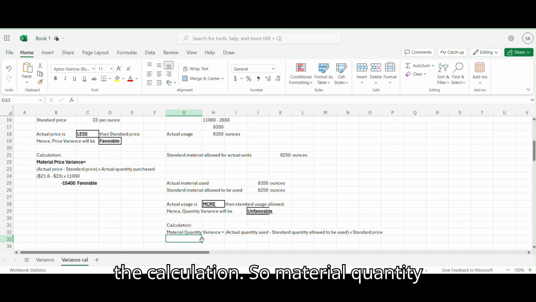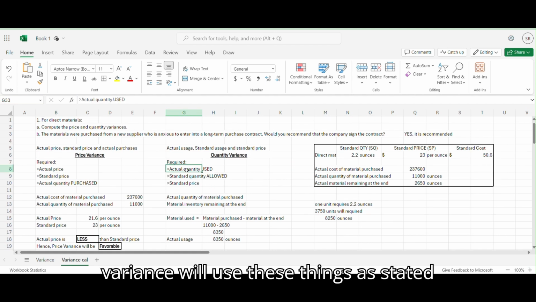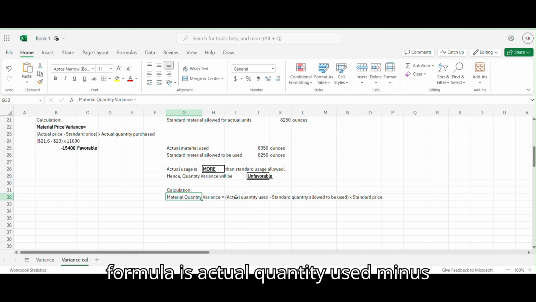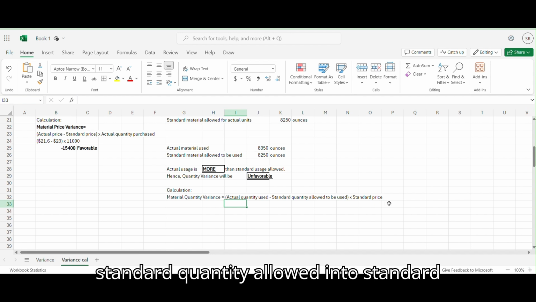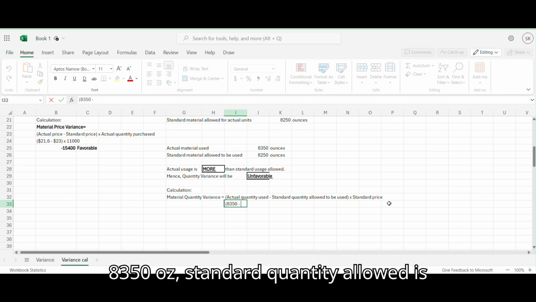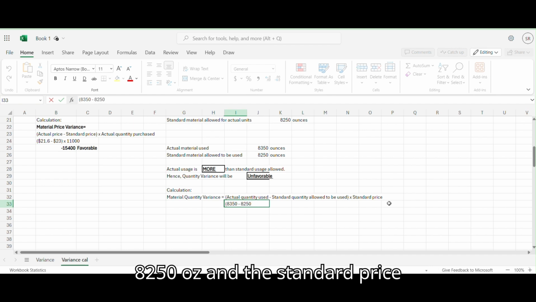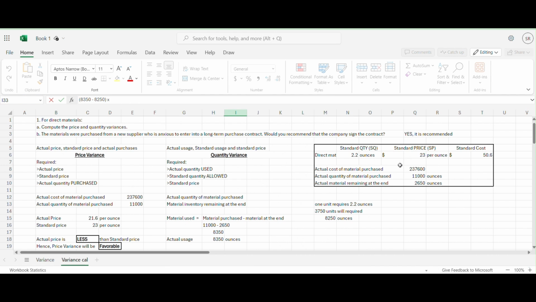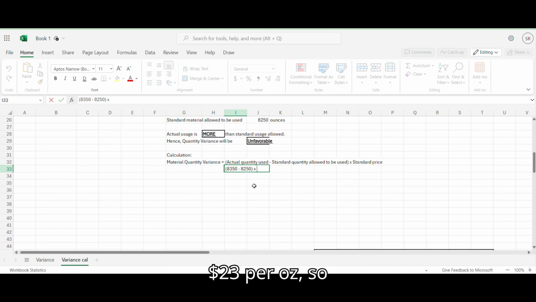Now go ahead with the calculation. Material quantity variance uses these things as stated earlier. The formula is actual quantity used minus standard quantity allowed, times standard price. Actual quantity used is 8,350 ounces, standard quantity allowed is 8,250 ounces, and the standard price is $23 per ounce.